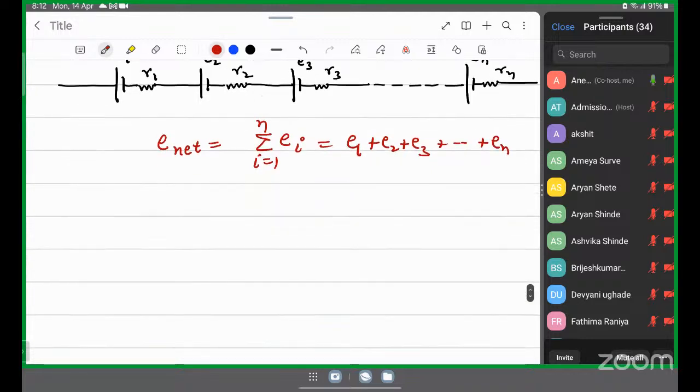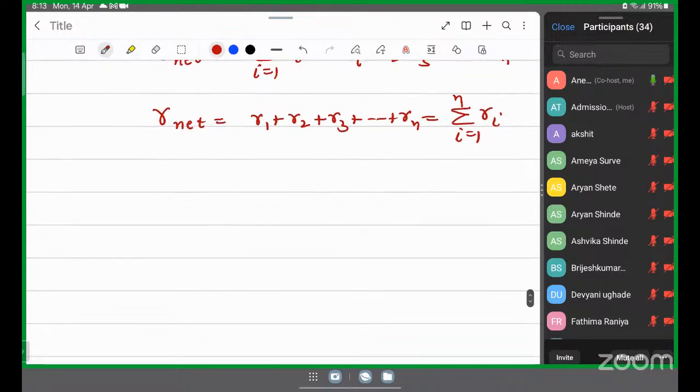If you are looking for net internal resistance, R net in this case again will be, because this is series combination, R1 plus R2 plus R3 plus dash dash Rn, which can also be given as summation Ri, i starts from 1 to n.